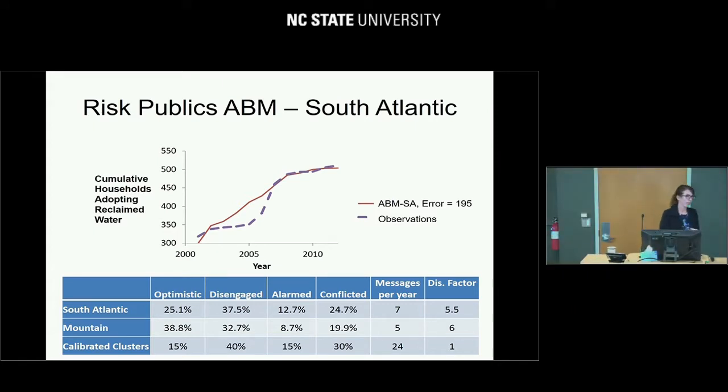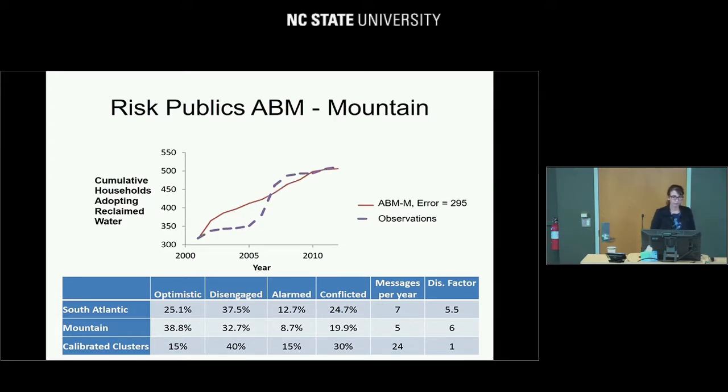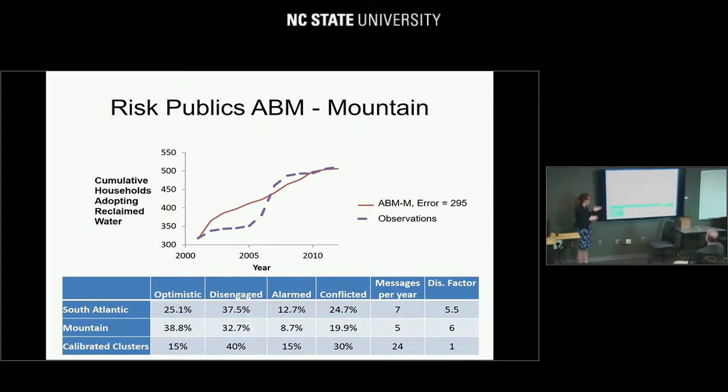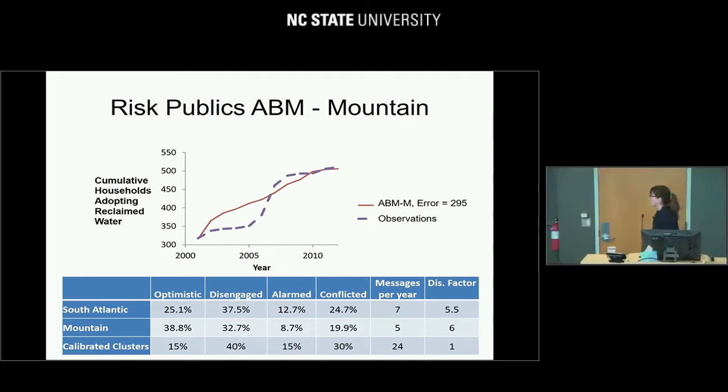So they're really weighting within the cluster opinions more highly. And similarly for the mountain region, the performance is not much better. It doesn't look any better. And we parameterize those messages and the discount factor. But we're starting to get an idea about how the model is working.